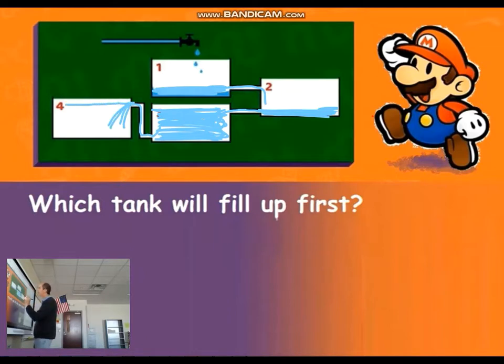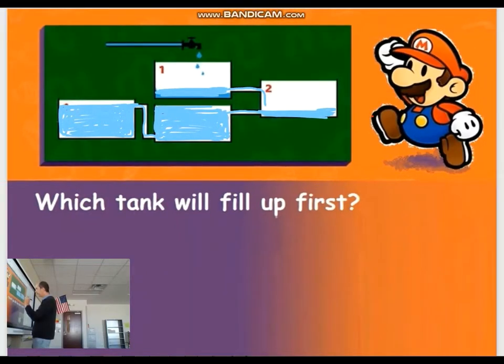But at this point here, the water stops filling up tank number 4, and will accumulate here on 3, because they have kind of the same level.